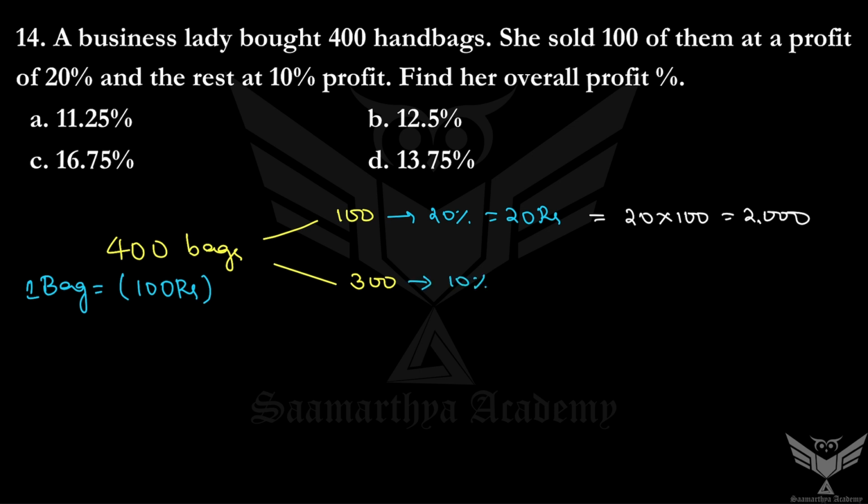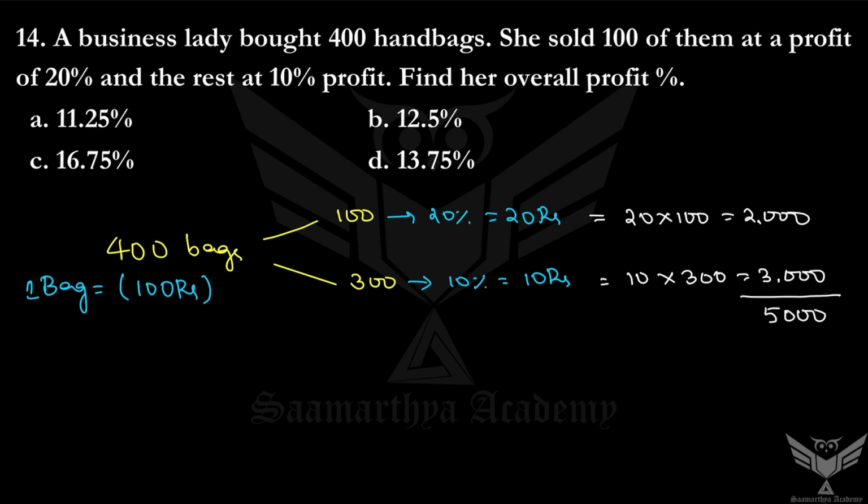So 10% of 100 is 10 rupees, and 10 rupees for 300 bags is 3000. Now total she got 5000 rupees for 400 bags.